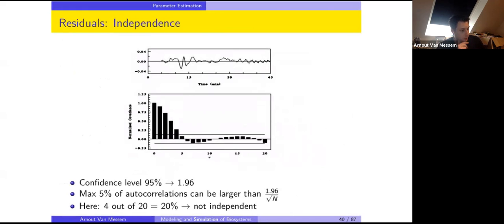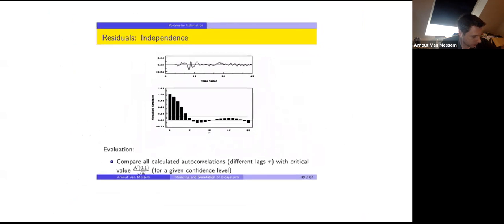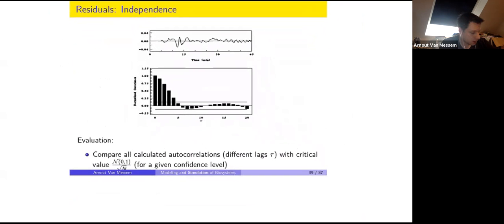So here basically what you do, you look at the autocorrelations. Then we've seen that the autocorrelations you have to compare with the standard normal distribution divided by the root of n.